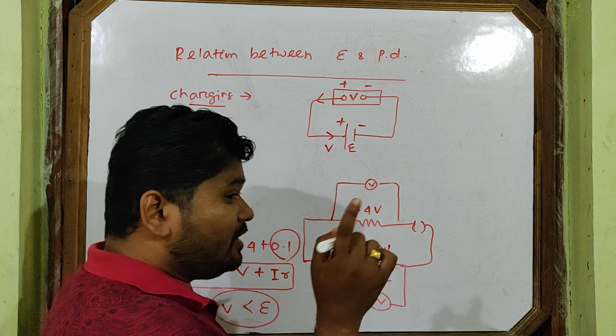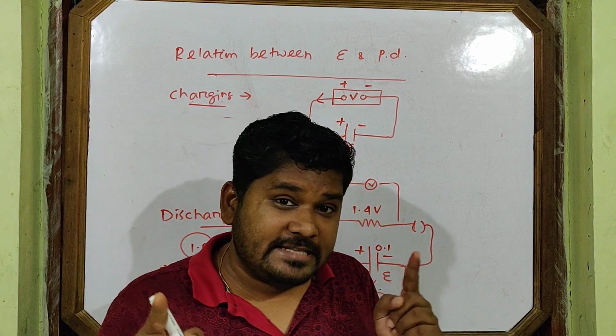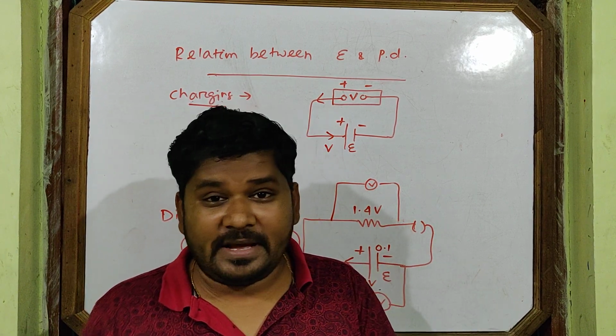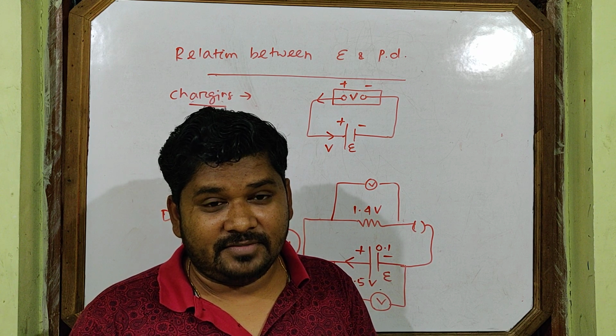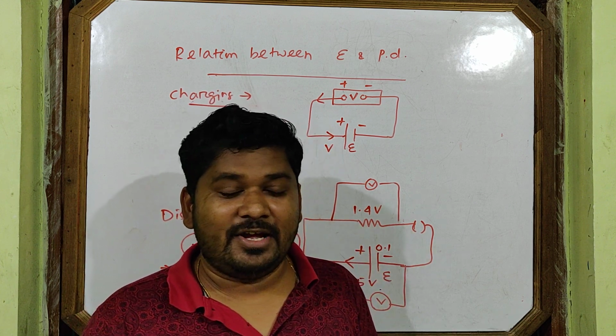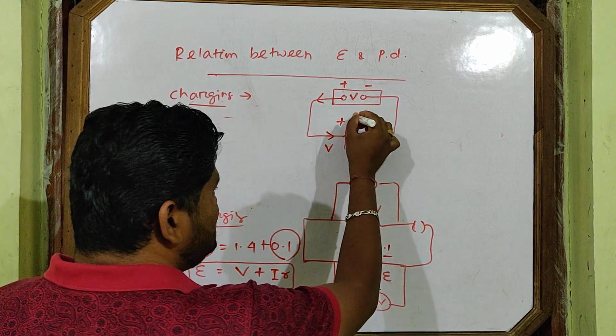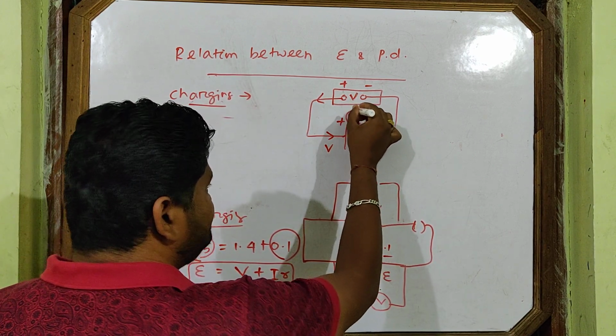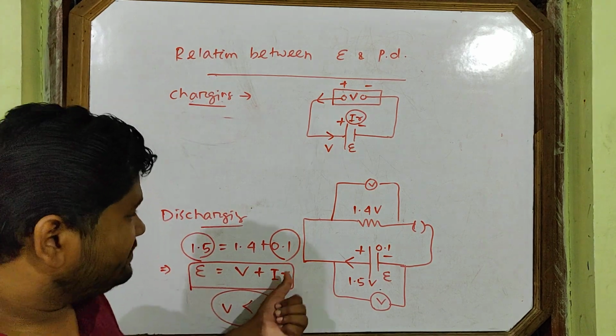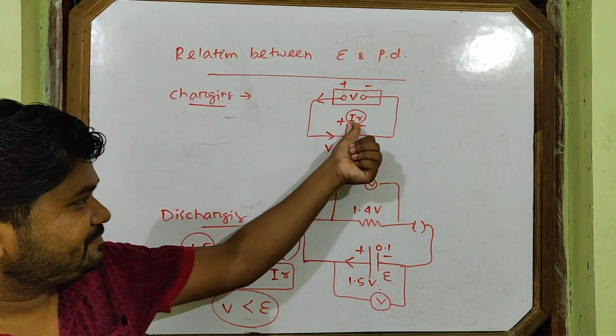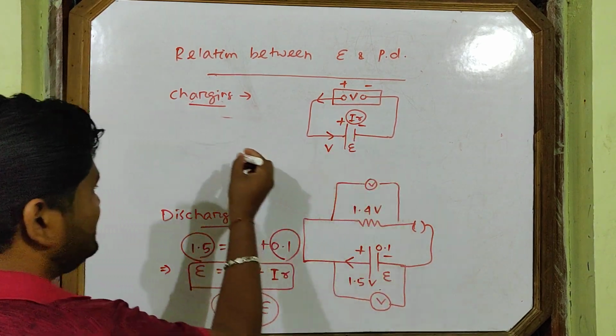Okay, and when you store in charging condition, current also passes inside the cell. Internal resistance is also there, so loss is also there. And how much loss? IR. Just like here, here also loss happens, IR.